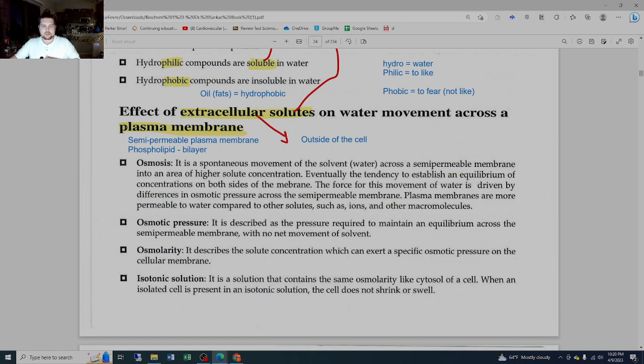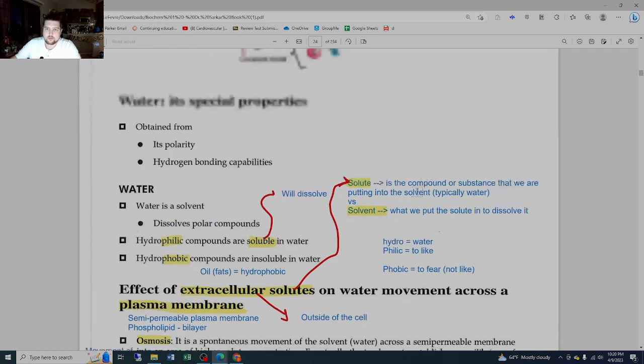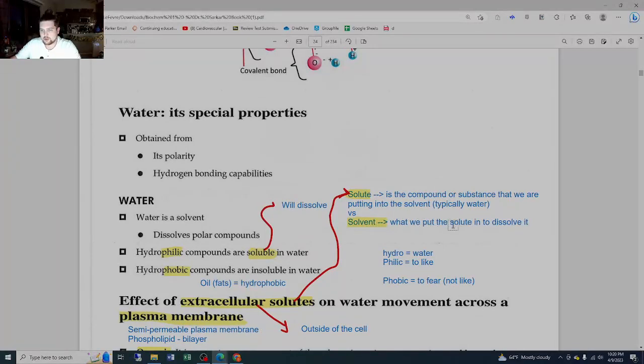Osmosis. Whenever you see this word osmosis, you're always talking about water. You're talking about the movement of water specifically. The water is always what is moving. So it's a spontaneous movement of the solvent, or what we talked about up here. Solvent is what we put the solute in.